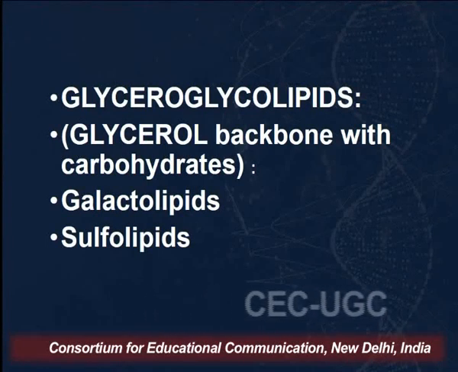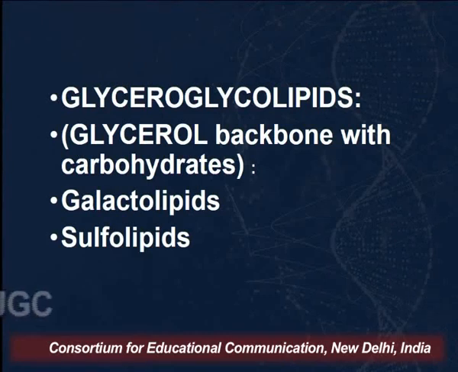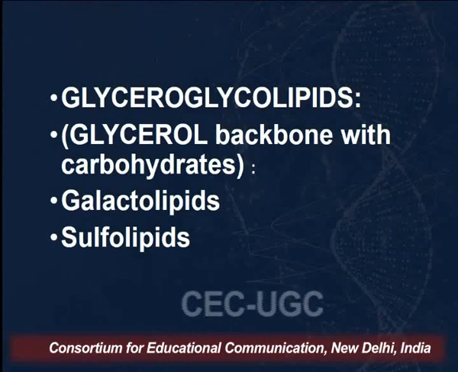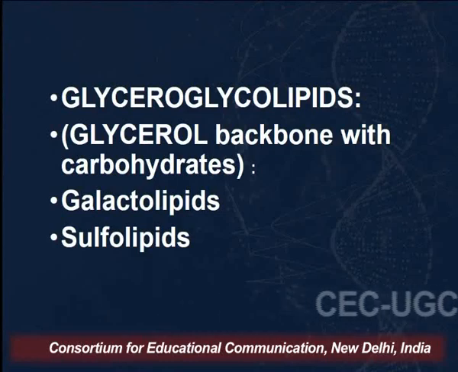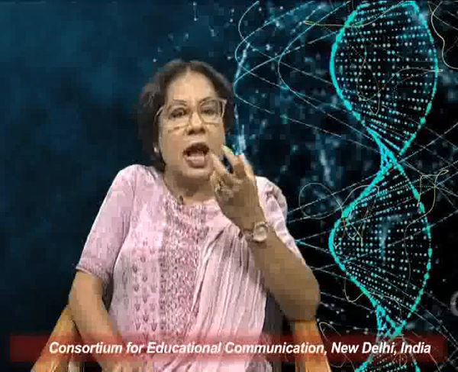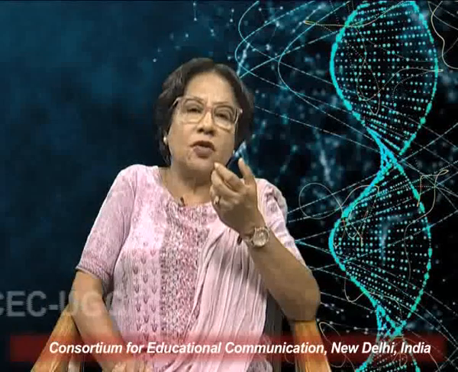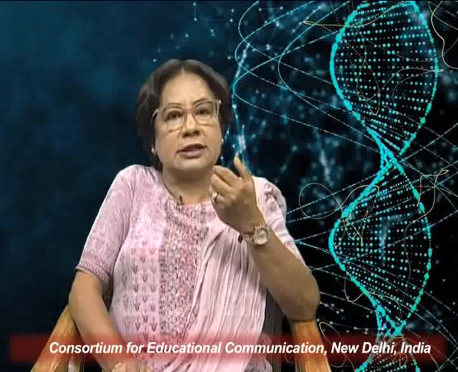Whereas glyceroglycolipids have a glycerol backbone, and here we can have two categories, that is galactolipids, where the moiety will be galactose, and then sulfolipids. So now let us discuss these sphingoglycolipids in detail.